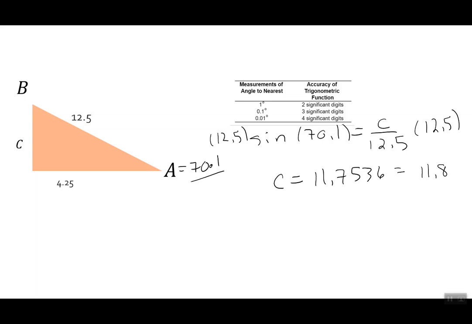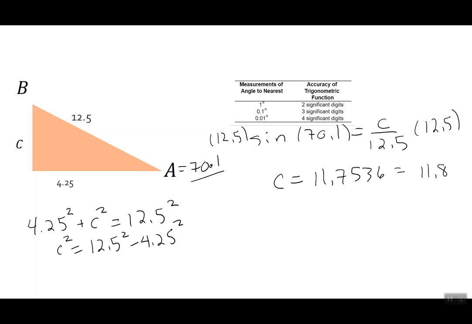What if instead you wanted to do the Pythagorean Theorem? The Pythagorean Theorem would say 4.25 squared plus c squared is 12.5 squared. Let's make this easy. Let's put c squared over 12.5 squared minus 4.25 squared. We can put that in our calculator.